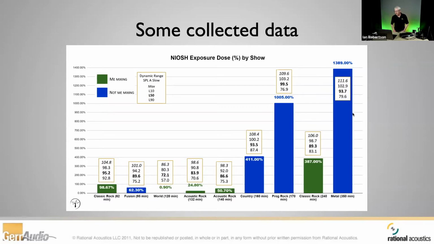And then you get into the metal show that goes for 350 minutes, 5 acts across the stage for an entire afternoon, and we're on 1,400% of our daily dosage of sound pressure. So it gets a little bit scary. And it's something that I think we, as an industry as a whole, need to take considerably more seriously.